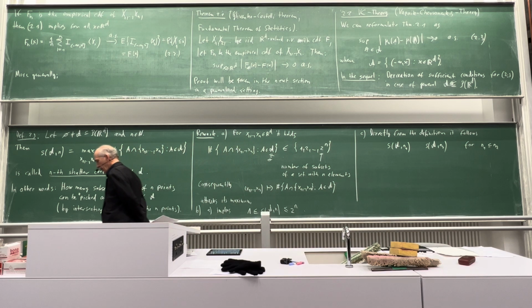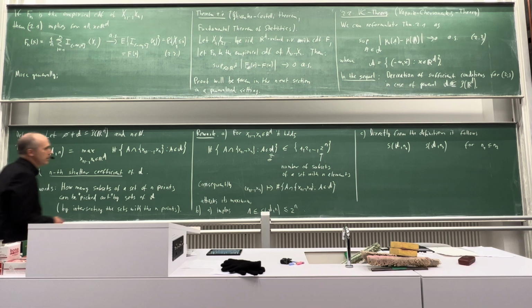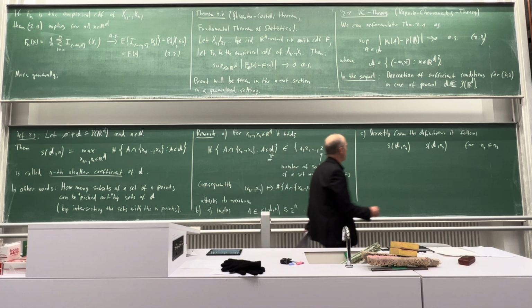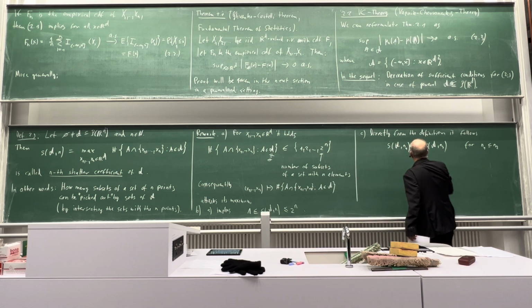So if you give n1 points and look at how many subsets of these n points in the best case you can pick out by sets of calligraphic A, and now I give you a bigger number of points n2, what happens? Well, the number of subsets is non-decreasing.